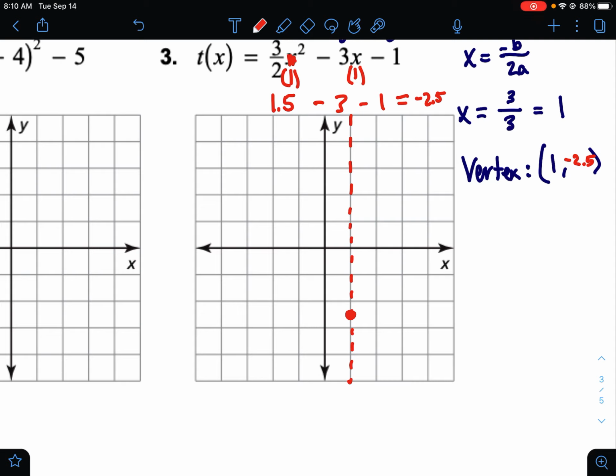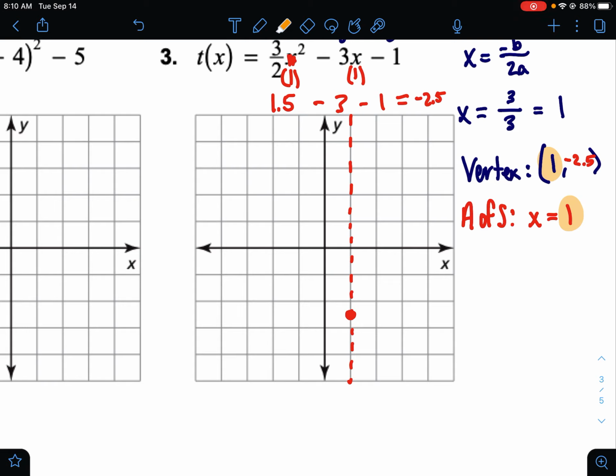It's this imaginary line that acts as symmetry for us. And that axis of symmetry, which I abbreviate as A of S, will simply just be x equals whatever the x is in your vertex. This will always match. X is 1 in the vertex, so my axis of symmetry is just x equals 1. So what you should see is that this should match this.